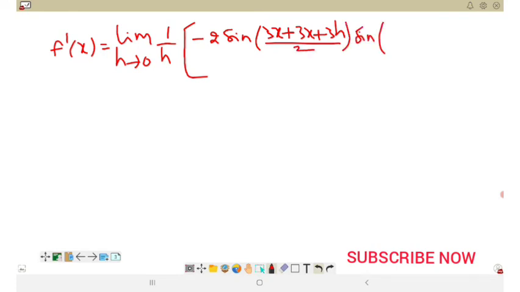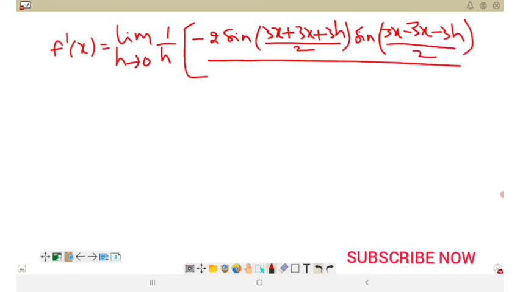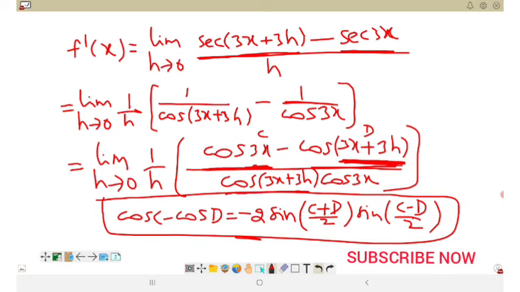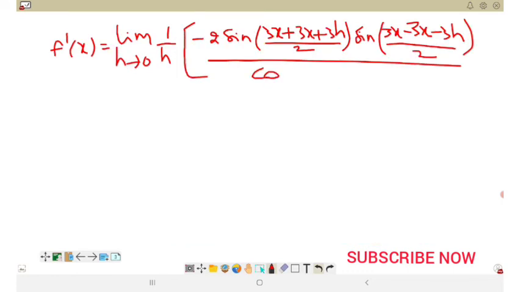Sine of (c minus d) by 2, that is c is equal to 3x, d is equal to 3x plus 3h, so minus 3h by 2, divided by cos of 3x plus 3h into cos 3x.